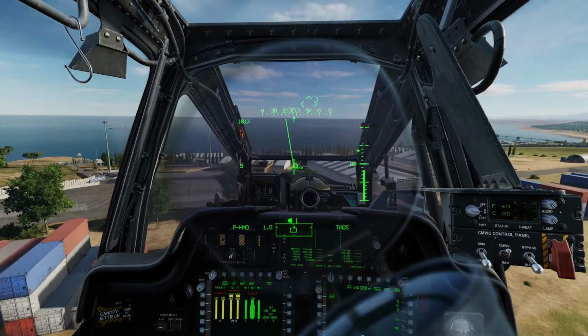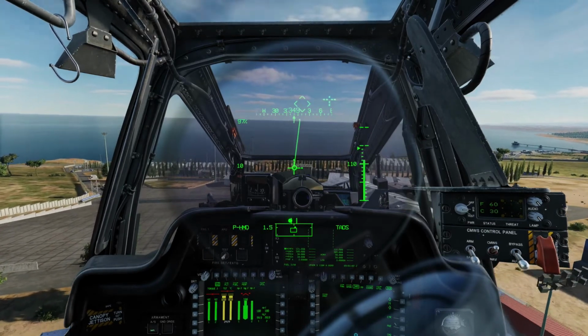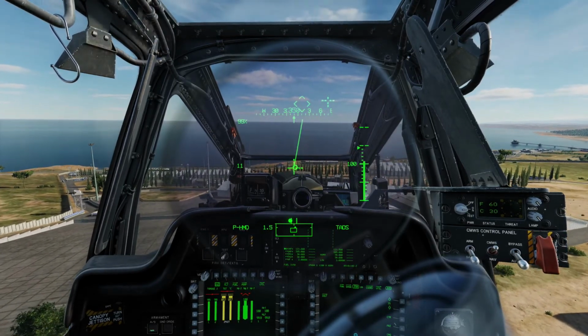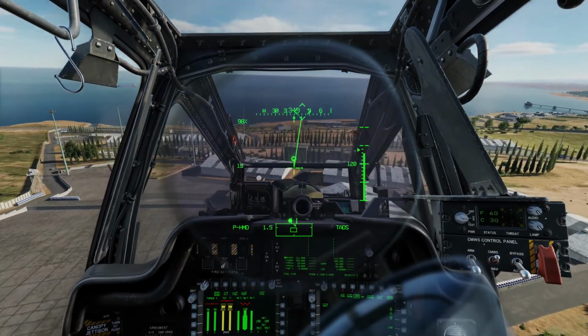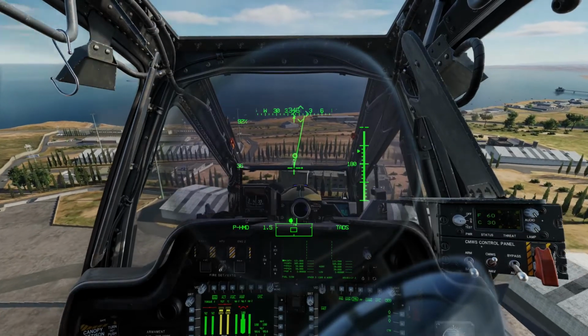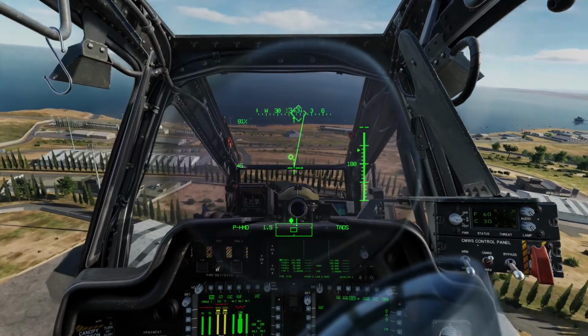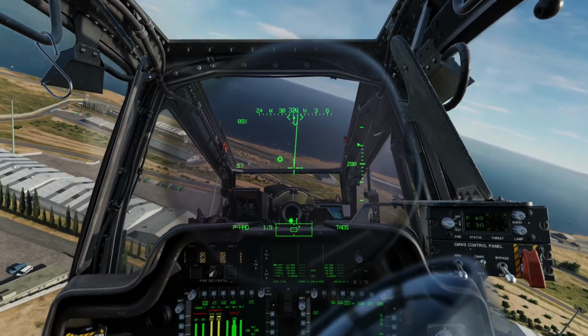So right now we can tell that we can hover outside of ground effect, very capable at this altitude. So we're just going to accelerate, which will increase translational lift, get lift over the wings that we have, and reduce the torque that's required to keep the aircraft airborne. As you can see, the torque is going down slightly as we accelerate.